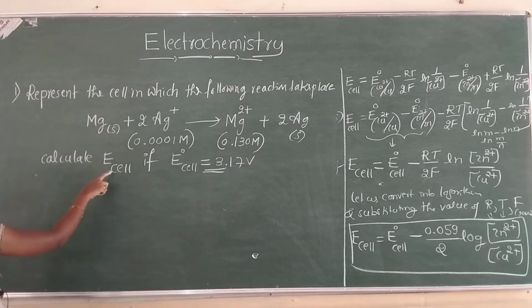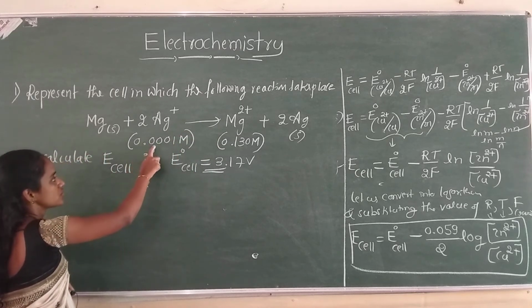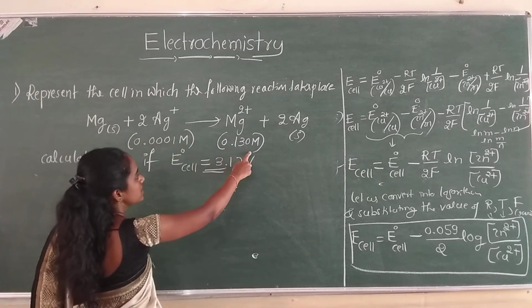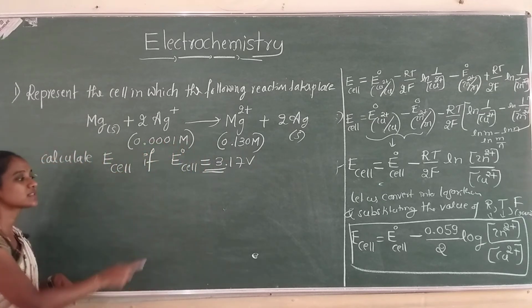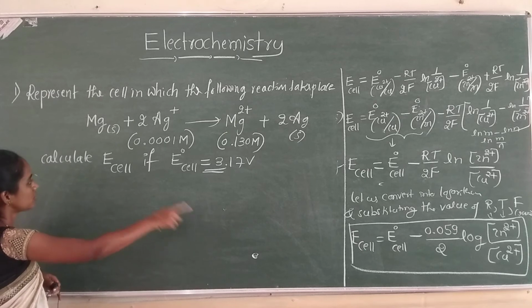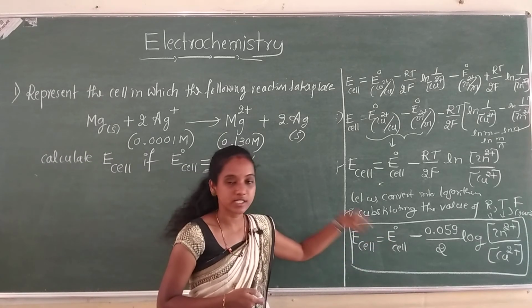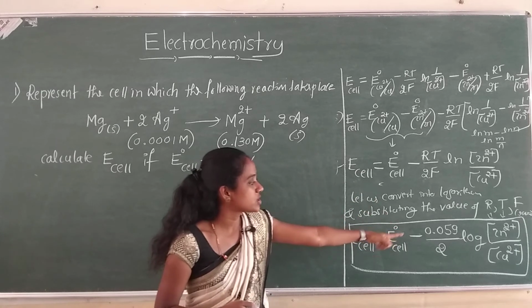So calculate the cell potential. Here the electrolyte concentration is other than 1 molar, it is 0.001 molar and 0.130, so in this case we have to use the Nernst equation, isn't it? What is the Nernst equation? E cell is equal to E0 cell value, which is given, minus 0.059.